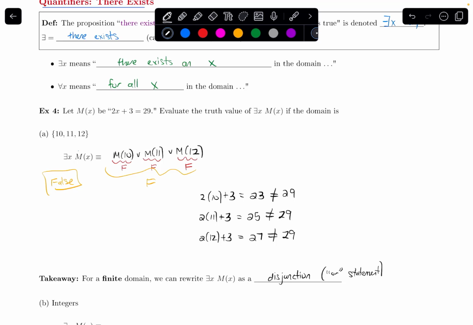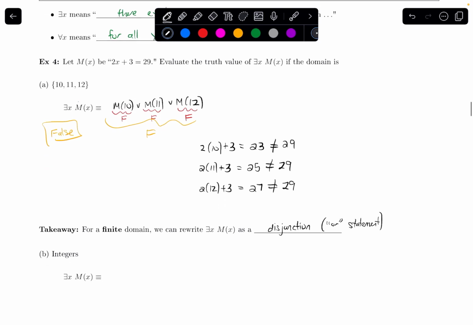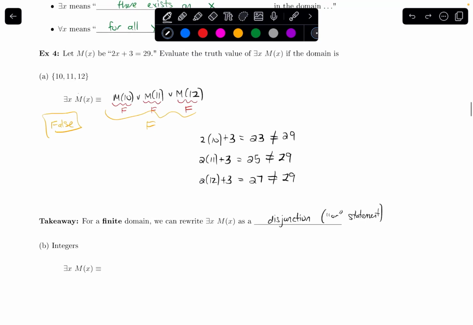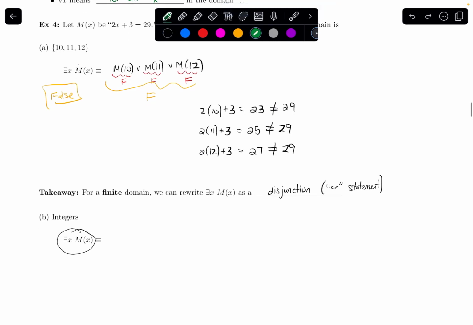And that was just our fancy word for an or statement. Okay. But a lot of the situations that we are going to be dealing with is, well, what if our domain is infinite? Like, so for this example, let's say I had my domain being the integers. Now, for the there exists statement, I'm just asking, is there an integer, maybe multiple integers, just I need at least one, that when I plug it into here, it's going to work. Well, I could solve it, or maybe I could tell, based on the pattern that was emerging here, that there is.